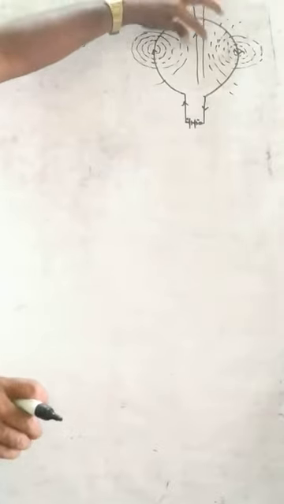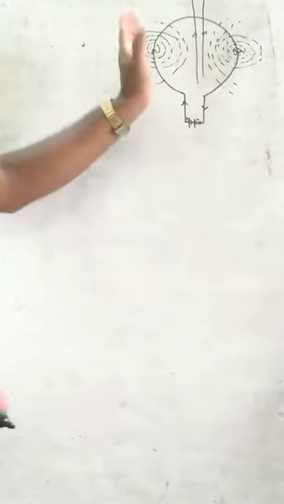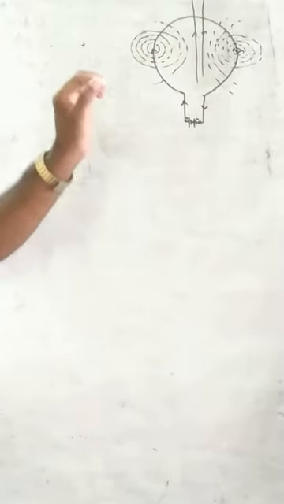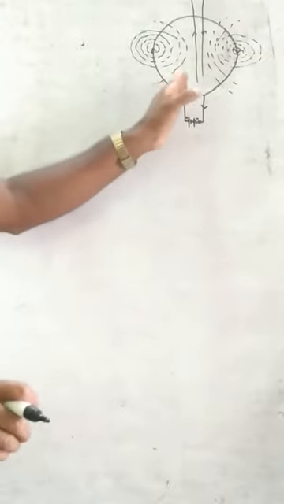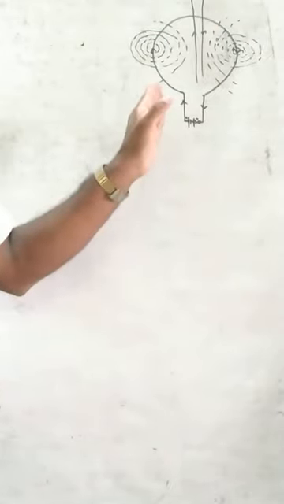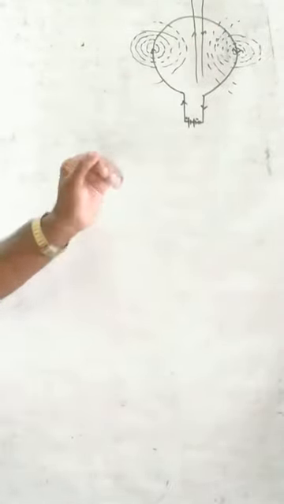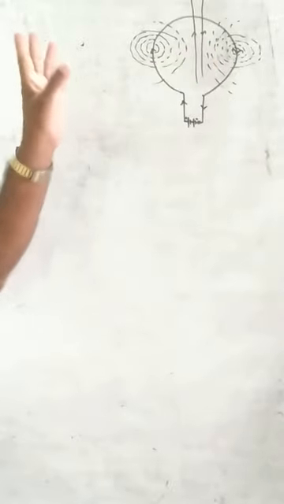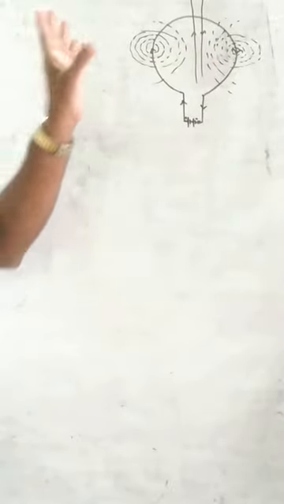In between them we obtain a straight line. What does this straight line represent? The magnetic field due to a circular coil is uniform at the center of the circular loop.